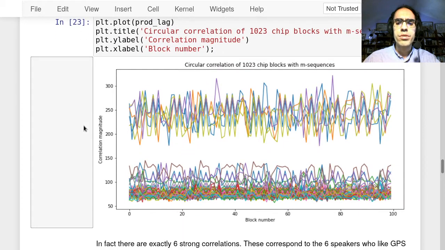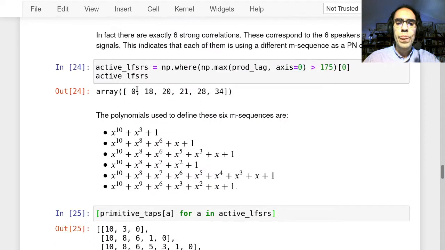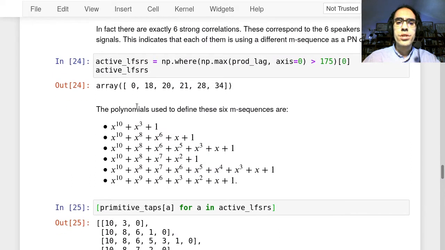And if I plot the correlations of each of the actually 100 different blocks in the first burst, we see that most of the 60 PRNs we tried yield very small correlations, but some of them yield good correlations. And actually there are 6 different PRNs giving good correlations here, which is very promising because we are expecting to see 6 different speakers.